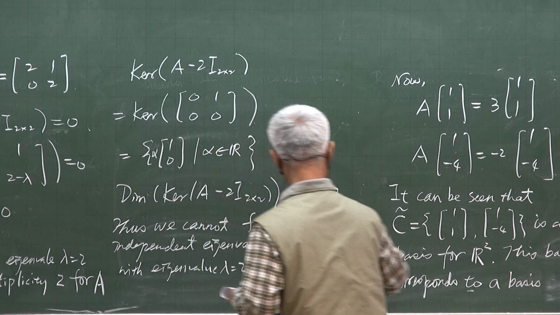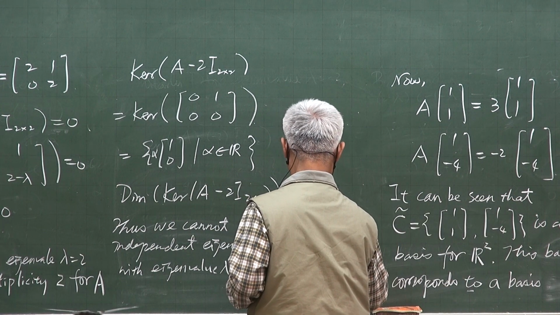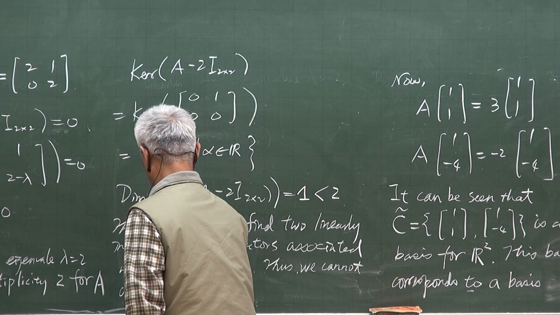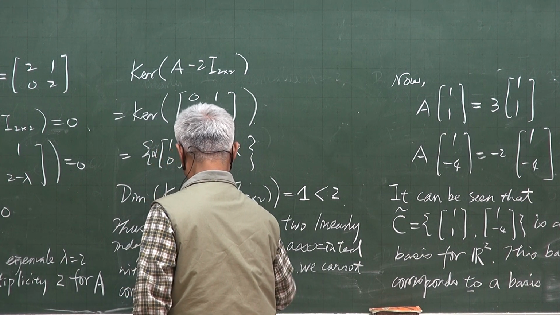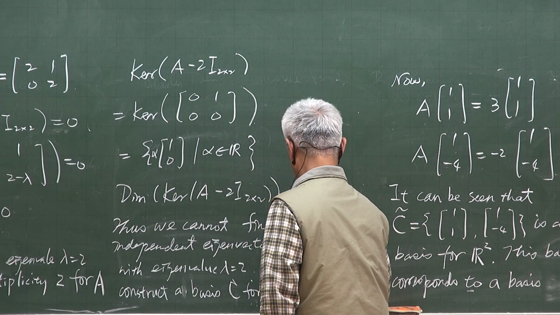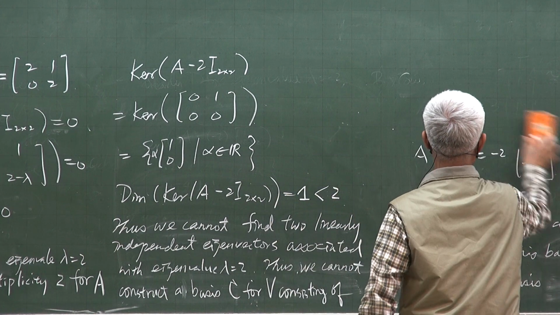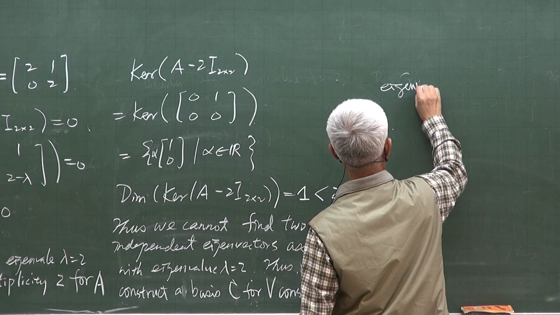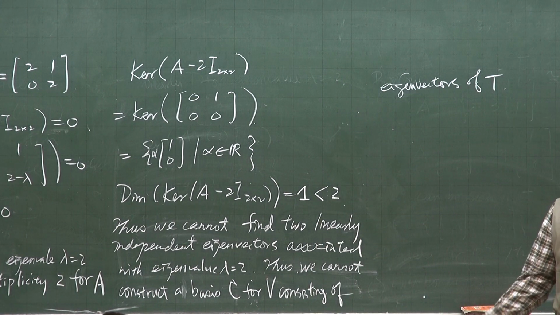So we cannot construct a basis C for V consisting of eigenvectors. Right? So impossible, you can't.